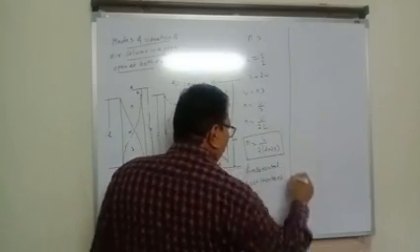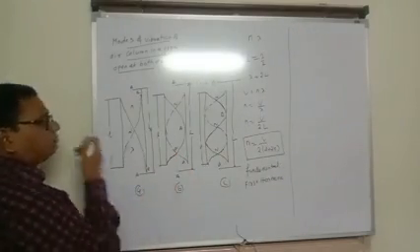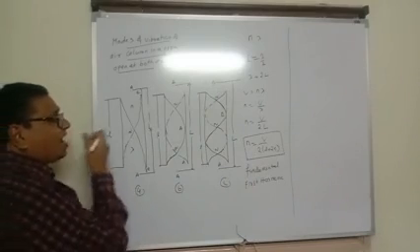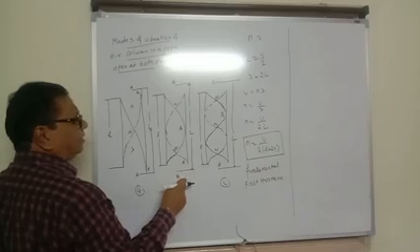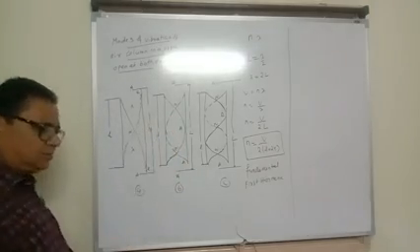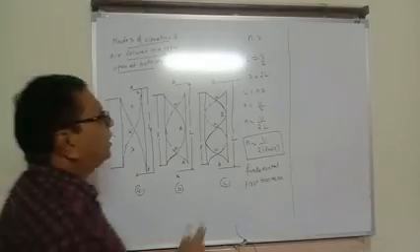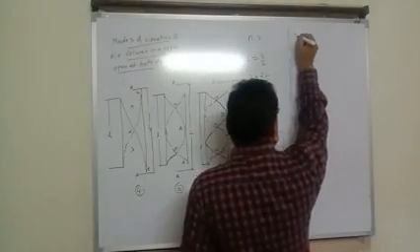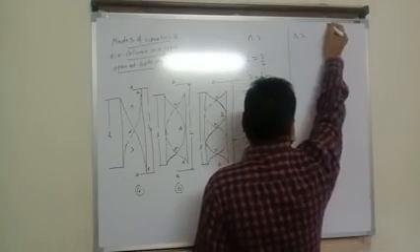The next mode of vibration is as shown in figure B. Always an antinode is found at the open end. Two nodes and a single antinode in between, as shown in figure B. Let n1 be the frequency and lambda 1 be the wavelength of the wave.